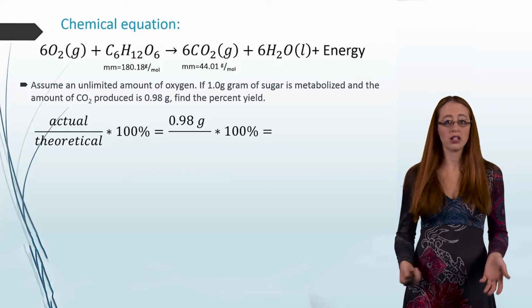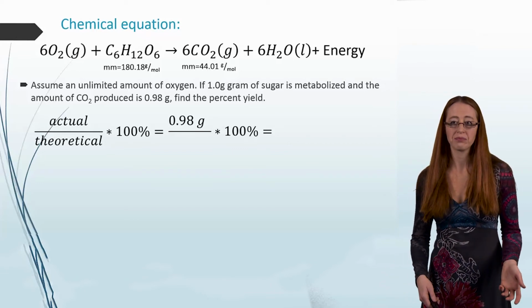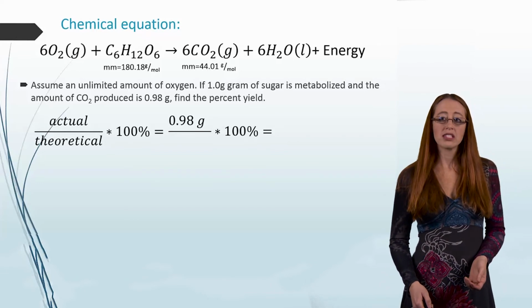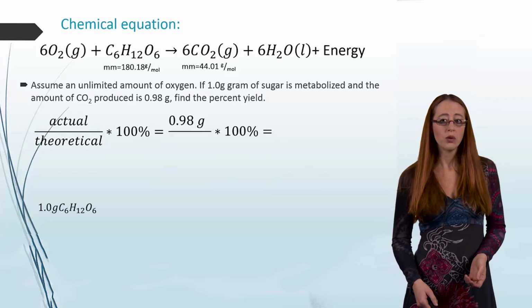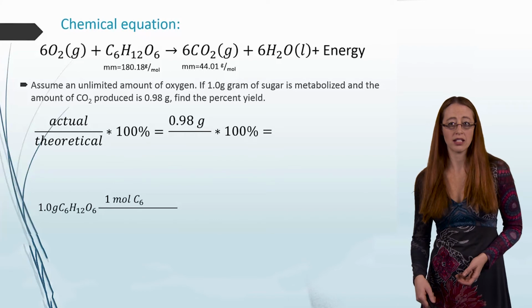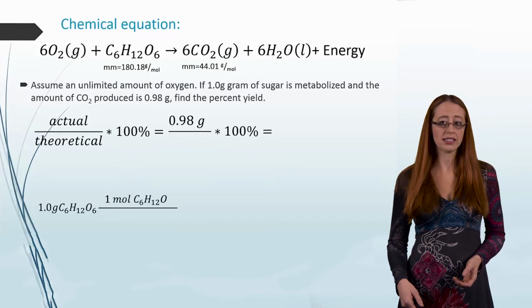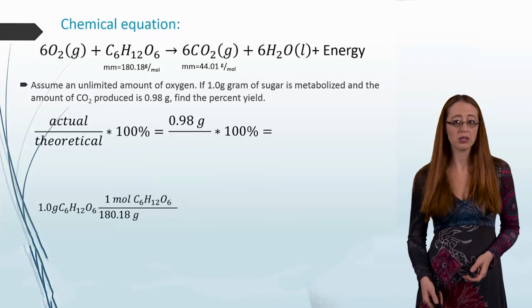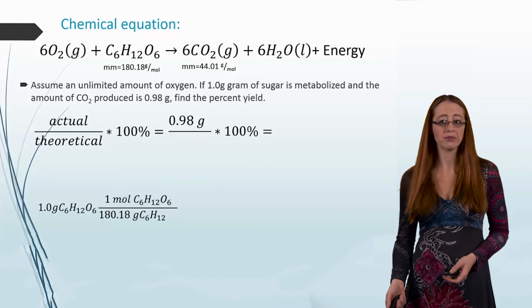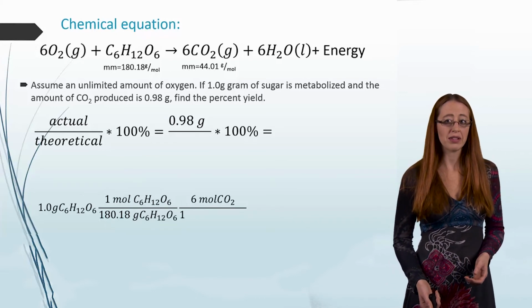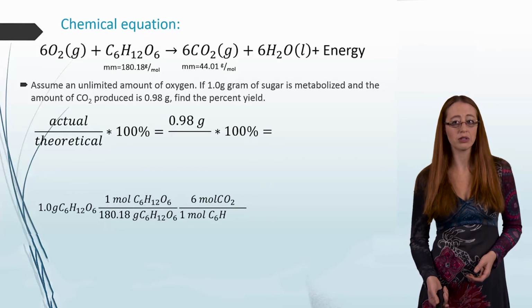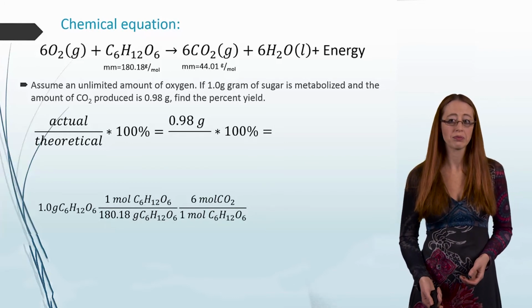And we do that using our conversion factors that we learned about. So if we start off with 1 gram of our sugar, we need to convert that into moles to get to moles of carbon dioxide. So first, we use our molar mass of the sugar. From here, we use our mole ratio, so we know that we have 6 moles of carbon dioxide to every 1 mole of glucose.